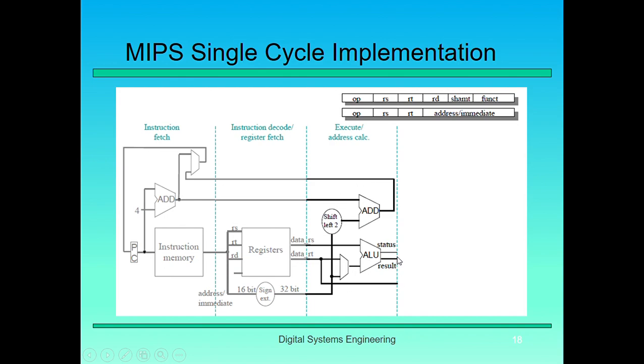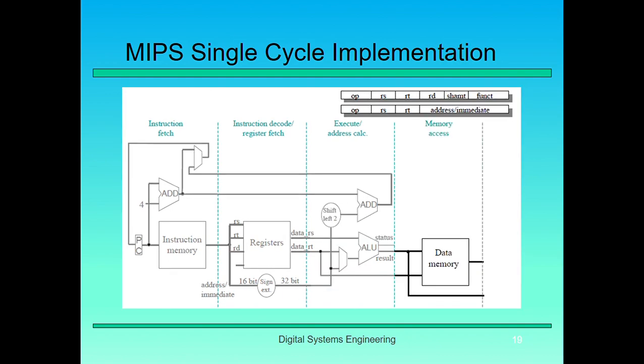Here you can see we have the arithmetic logic unit, adders, and this circuitry, which is used for the instruction execution. The arithmetic logic unit can perform the computation and all the tasks related to instruction execution.